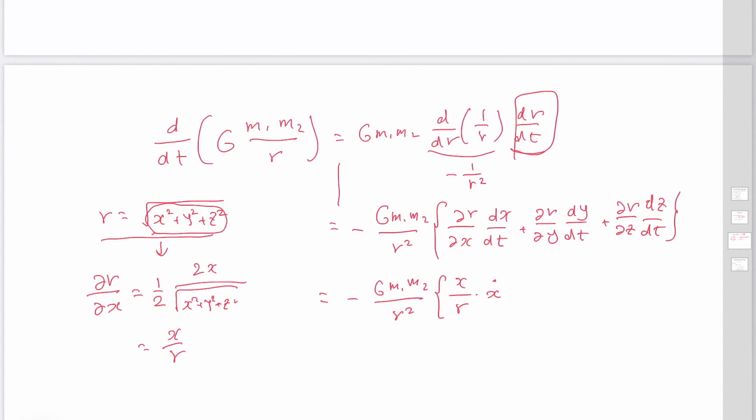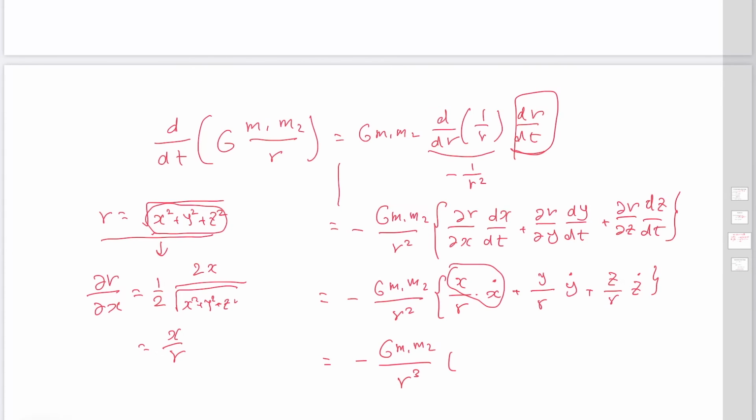This is x dot. Also same calculations: y over r y dot plus z over r z dot. Then it becomes minus G m sub 1 m sub 2 over r cubed.